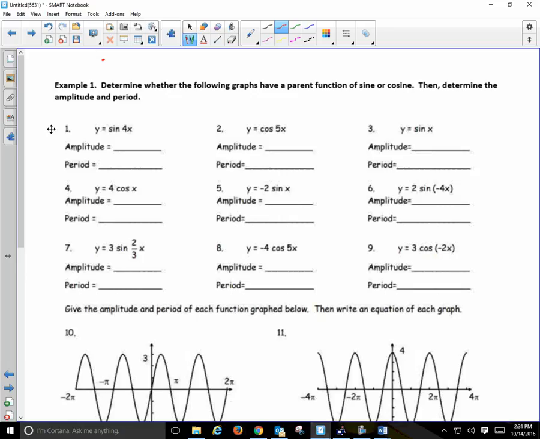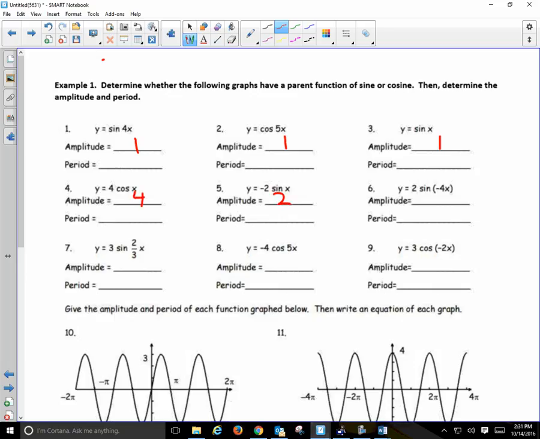Amplitude is the absolute value of the number in front of sine. What is the amplitude for this one right here? 1. Number 2, what's the amplitude going to be? Number 3. Number 4. 5.